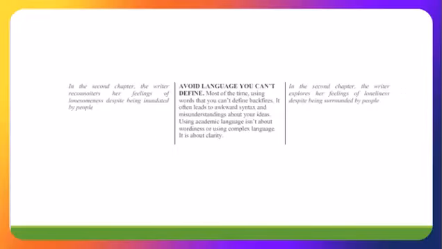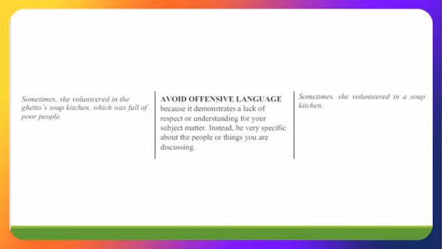Avoid language you can't define. That's very important. How do you quantify something? Avoid offensive language because it demonstrates a lack of respect or understanding for your subject matter. Instead, be very specific about the people or thing that you're discussing.